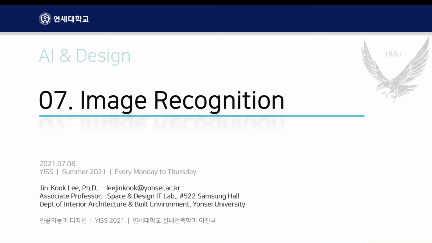What to do? The first representative thing is here, today's topic, image recognition. You can train your own images, such as your handwriting, numbers or alphabets, English, or your own mother tongue language, whatever it is.